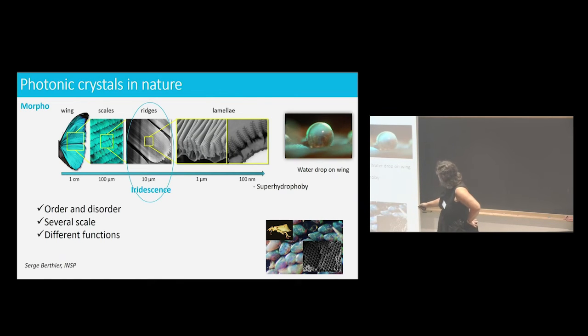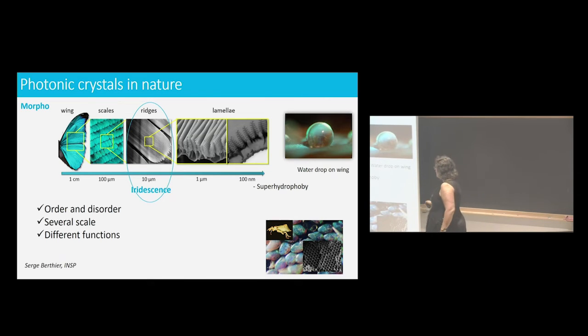Here you see in blue the scale, and here you have the drop of water. And you can see that you have superhydrophobicity, which is linked to this structure. So you see that nature, because you are at different scales, brings you several properties: optical properties, but always hydrophobicity.